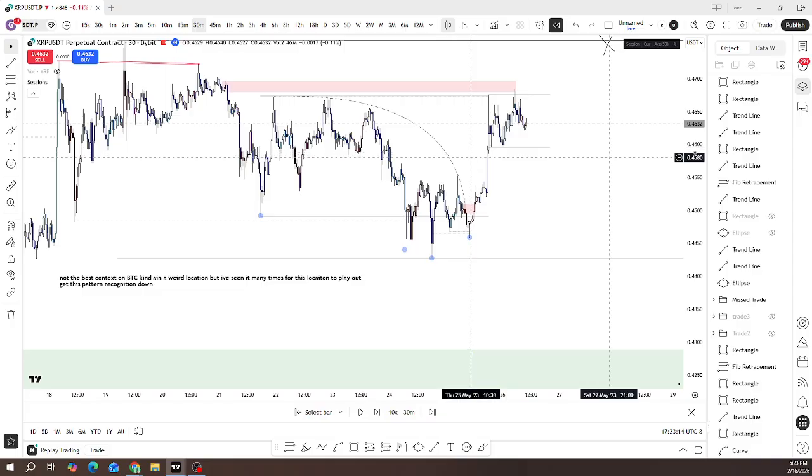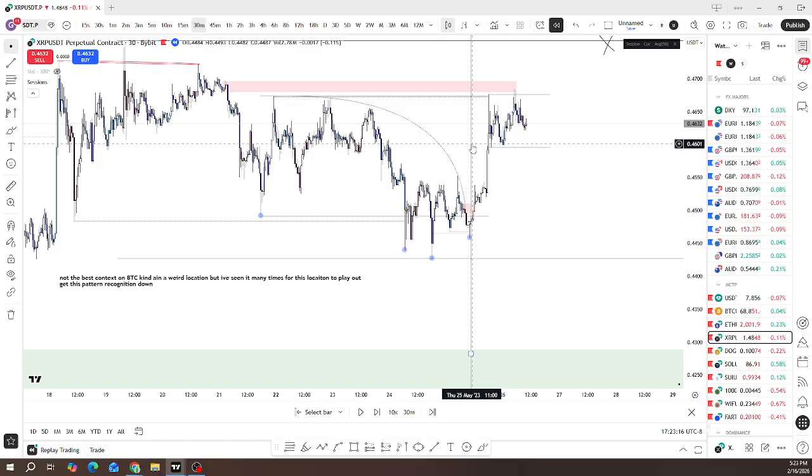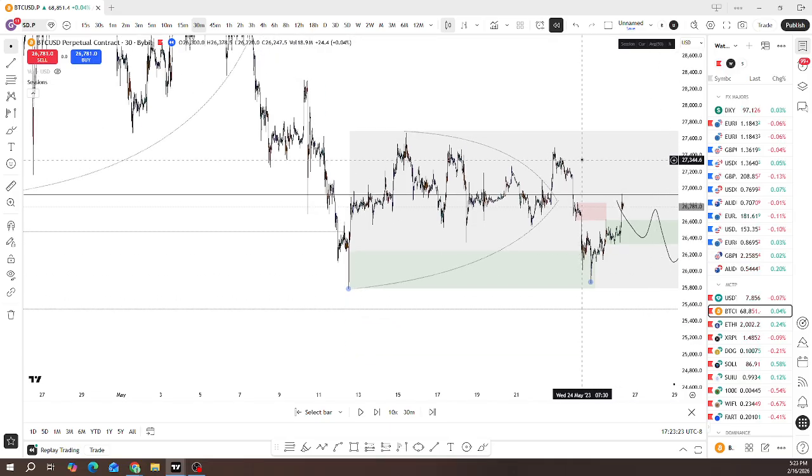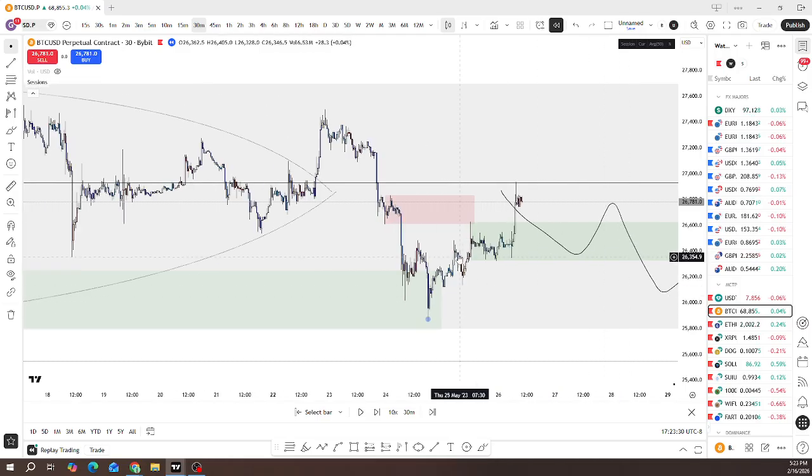Let's see where Bitcoin was at on the 25th of May at 10:30. Bitcoin is located right here, showing some sort of a local pivot.